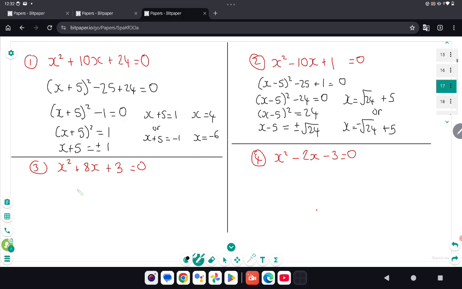Next question. Again, halve the 8. 4 times 4 is 16. We take it off. Minus 16 plus 3 is negative 13. Add 13 to both sides.